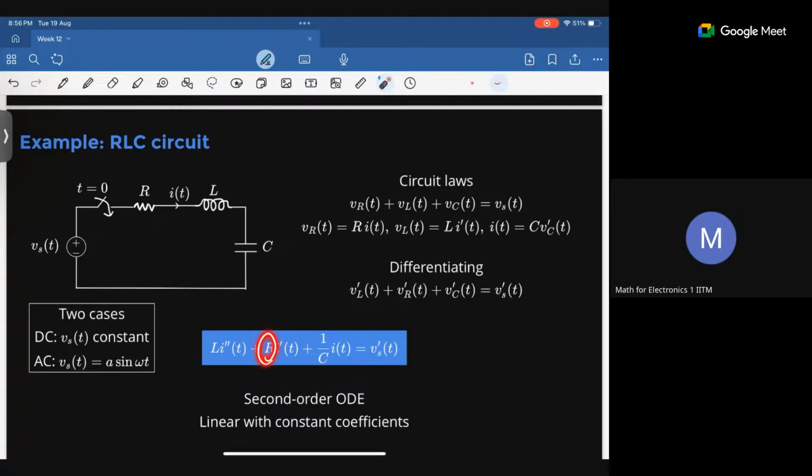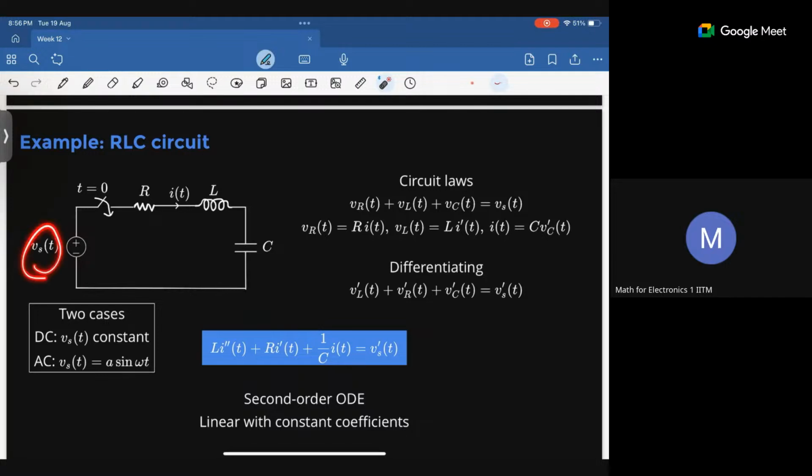And if you see the coefficients, all the coefficients are just constants. So we don't have any functions coming into the picture. So this is a second order ODE, and it is a linear ODE with constant coefficients. Okay, and we have two cases here.